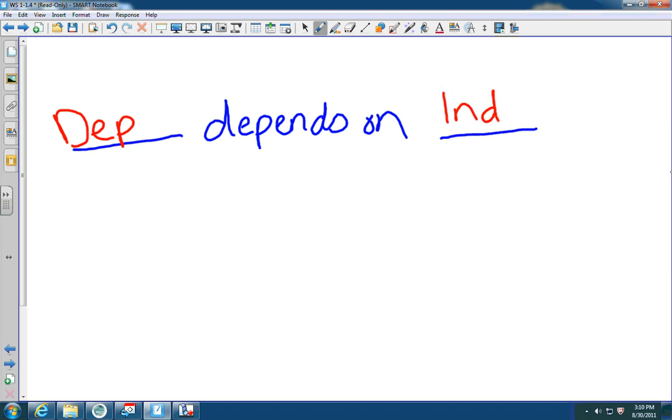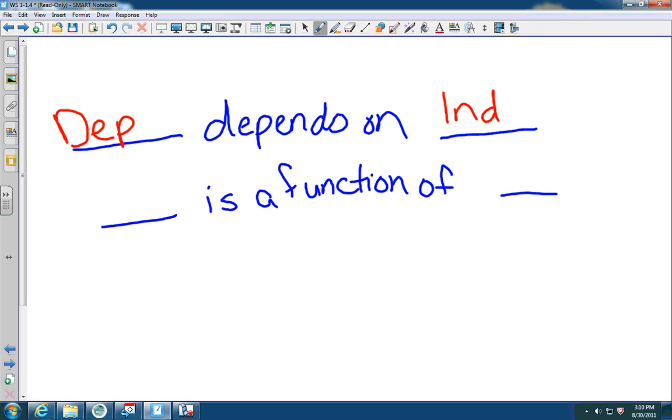Then we have is a function of, which means the same thing. You're going to put the dependent variable here. It is a function of the independent.